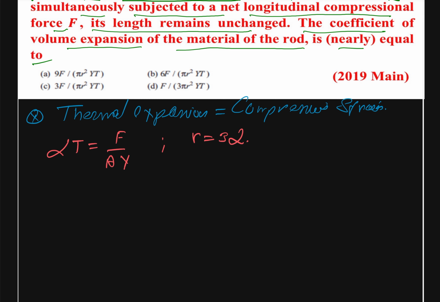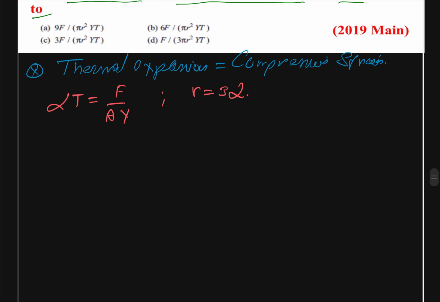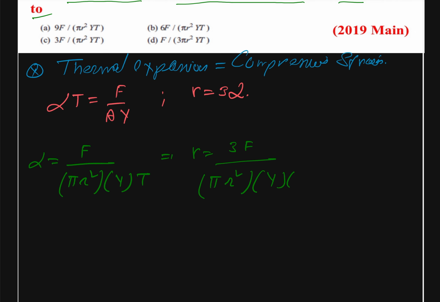So we can write alpha as F upon area, which is pi r square, times Y times T. This gives us gamma equal to 3 times F upon pi r square Y multiplied by T. So this is 3 times F, which means option C is correct.